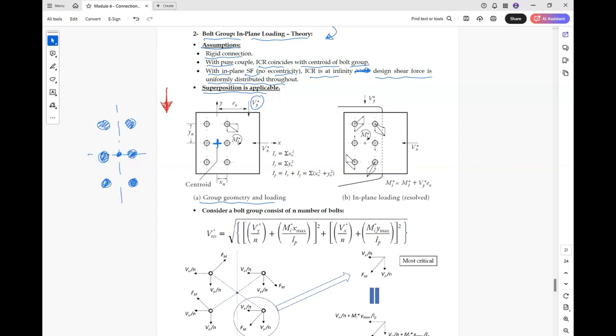There is no problem with this force. But the problem is that, due to the eccentricity Ex, we will have a moment M star equal to Vy star times Ex. So we will have M star and Vy star applied to this group.